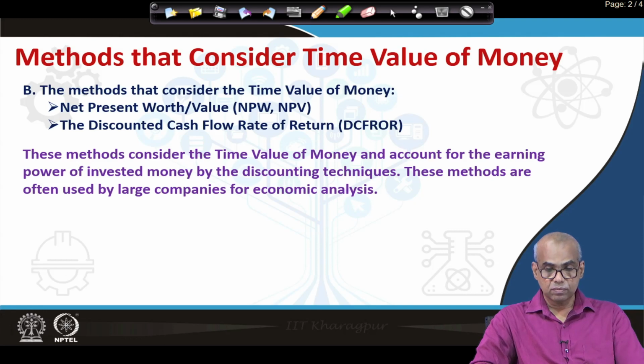The methods that consider the time value of money account for the earning power of invested money by the discounting techniques. Such methods provide more detailed analysis for economic evaluation of projects and are often used by large companies for their economic analysis.